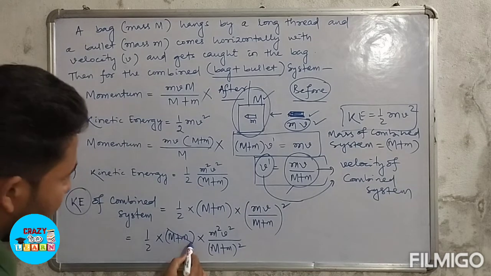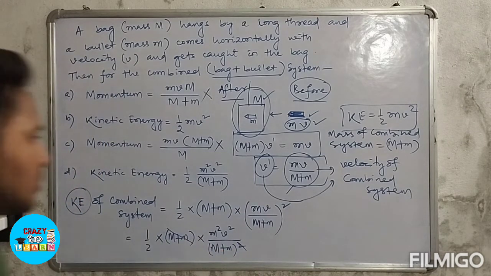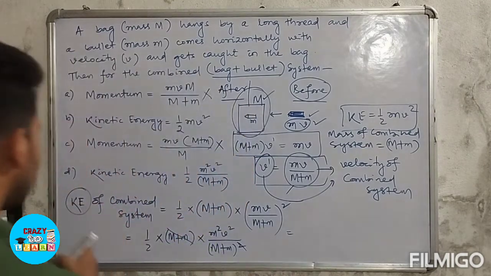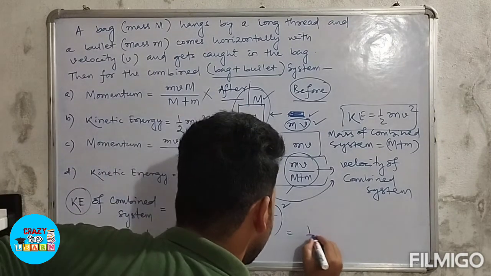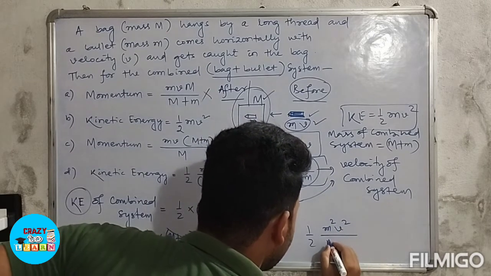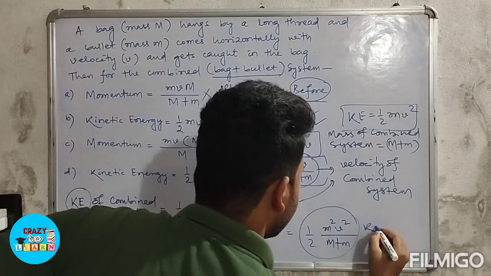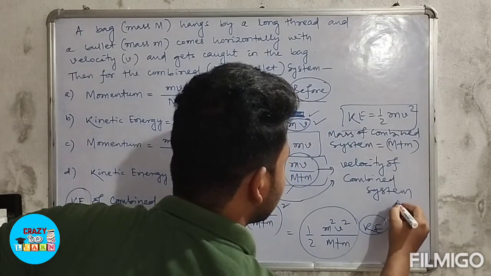So capital M plus small m cancelled with one capital M plus small m. So what is the final result we will get? What is the kinetic energy of the combined system? Half small m square small v square divided by capital M plus small m. So this is the kinetic energy of the combined system.